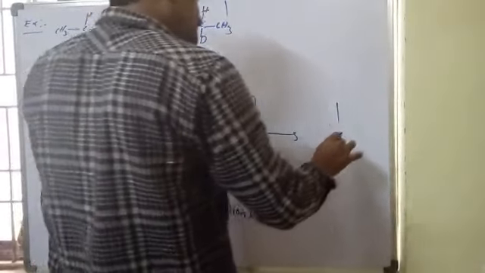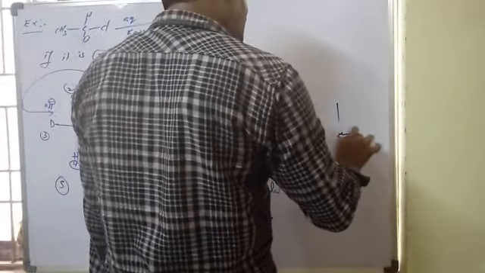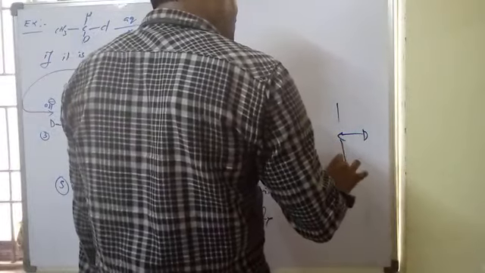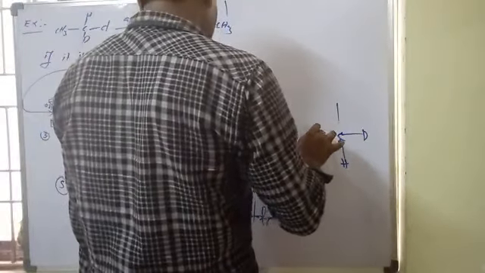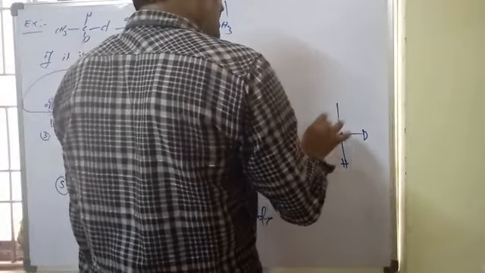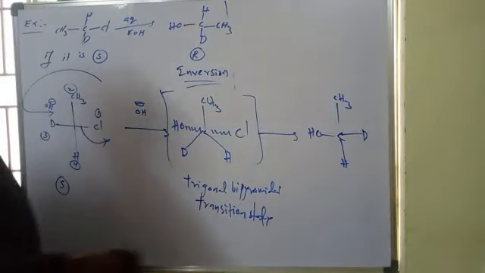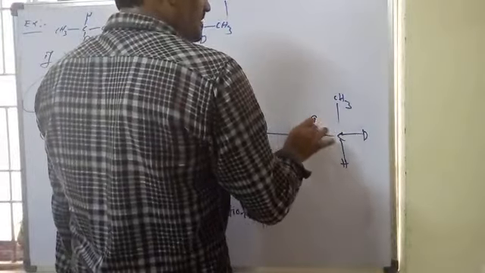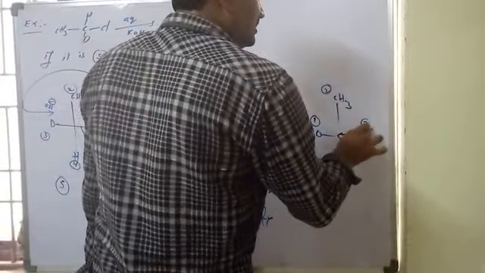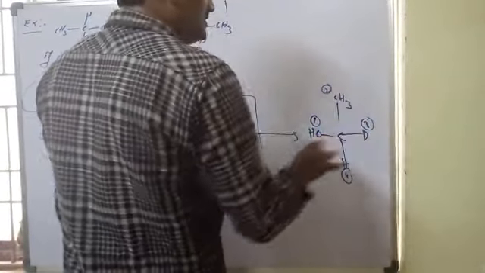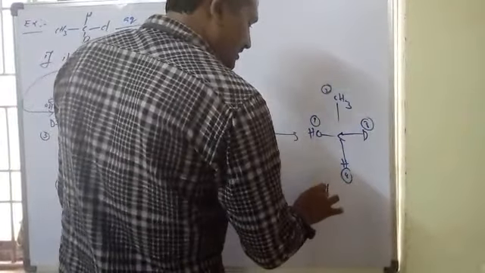If you see, in this case it goes like this: H, OH and CH3. So in the product formation, if it was S, what happened? 1, 2, 3 and 4, right? 1, 2, 3. Yes, R configuration.